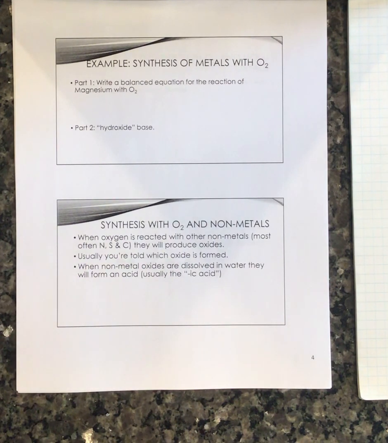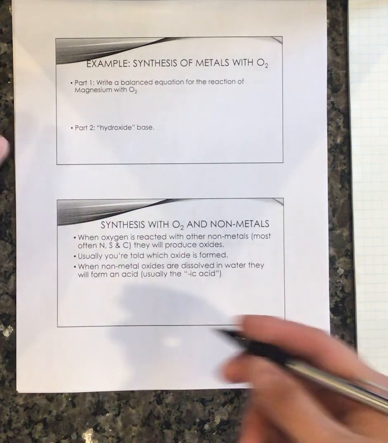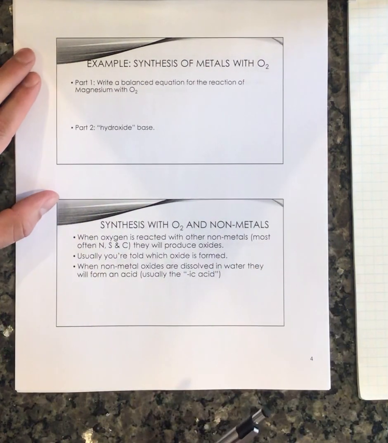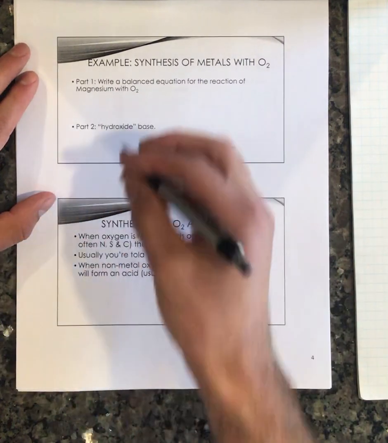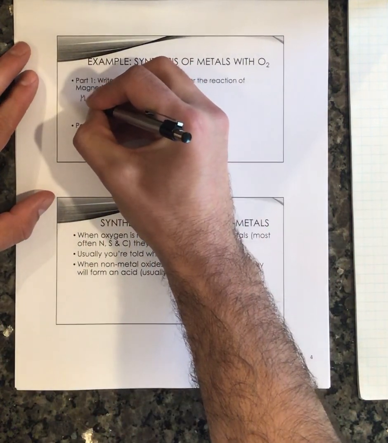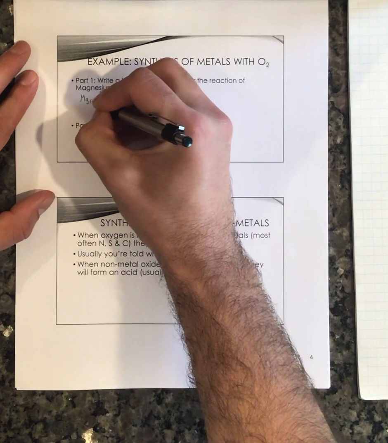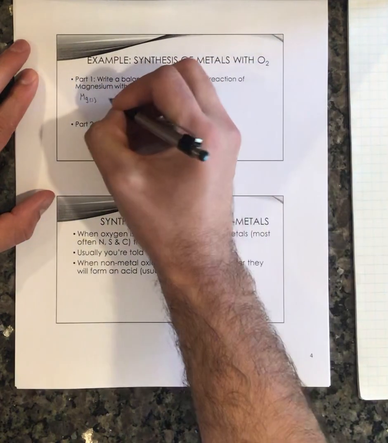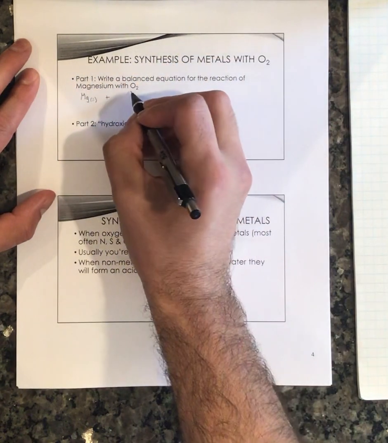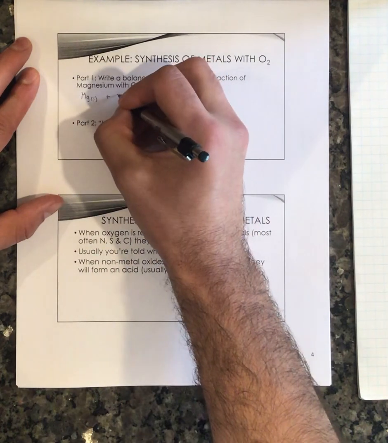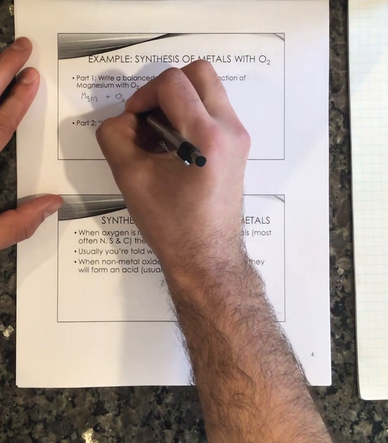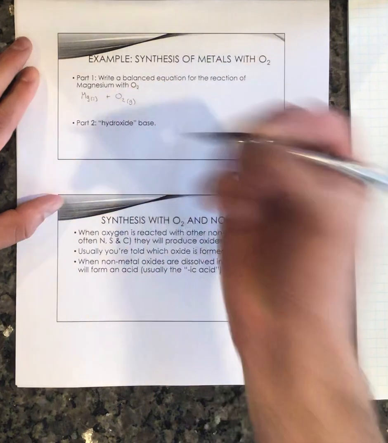We're going to start off by writing magnesium and oxygen, and it should be a synthesis reaction because that's what we're dealing with. We have magnesium, which is Mg. This is a solid at room temperature. It is a metal. And we have oxygen, and it's nice that oxygen is given like that if you don't remember your diatomic molecules, and you should also know that oxygen is a gas.